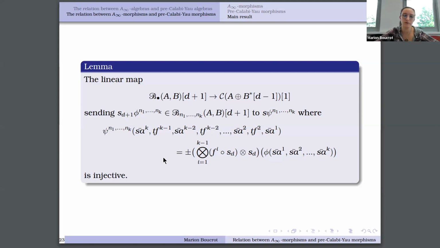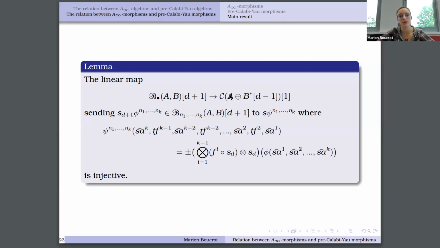So this map is kind of a generalization, and one can use it to say that if we have an element in here satisfying some condition, then we have an infinity structure on this.